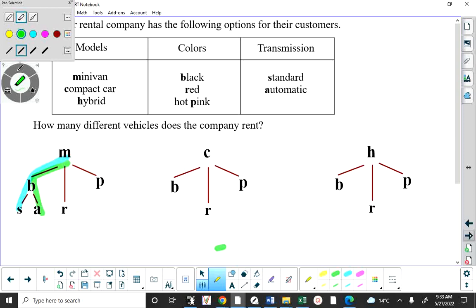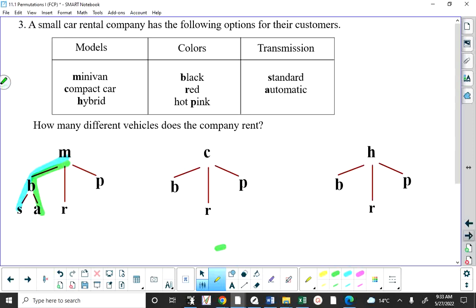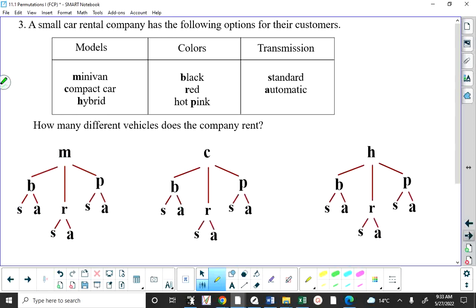And then we continue doing this. This is not what you thought you signed up for when you enrolled in Math 30-1, right? But we add that standard and automatic to everything. And then we count the number of items at the lowest level of the tree diagram, which is going to be 18.